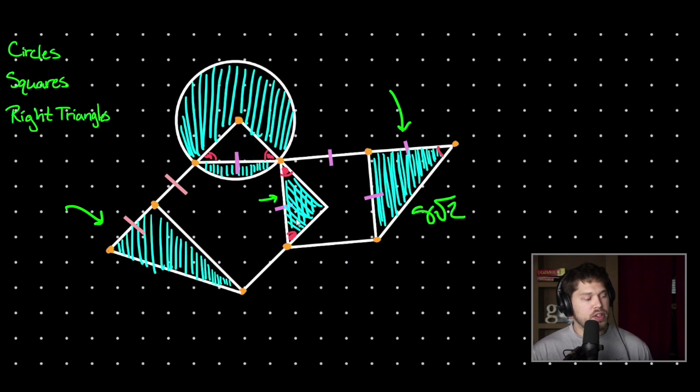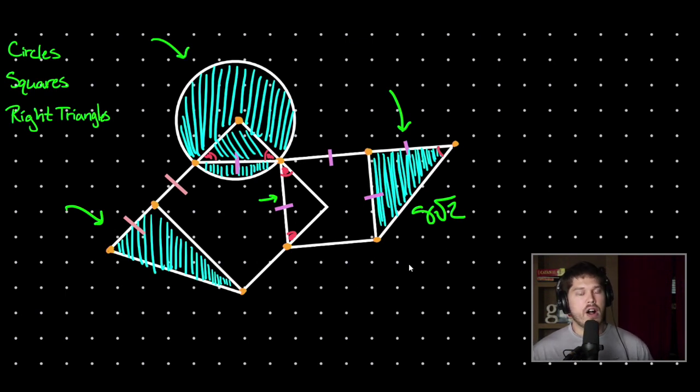So if you can imagine erasing this shaded area and then transposing it over to our circle, what we really have to do in order to find the shaded area of this composite figure is to find the area of our left and right hand side right triangles and to find the area of this circle. And that's it. So now that we've simplified this problem, let's tackle it.